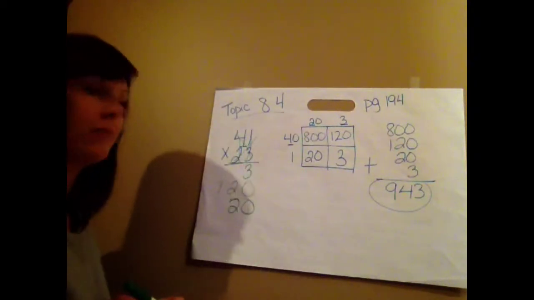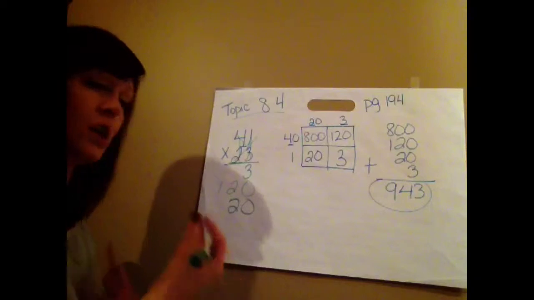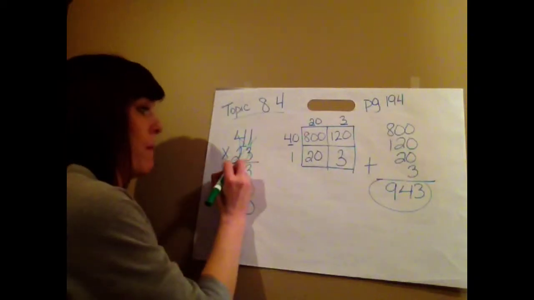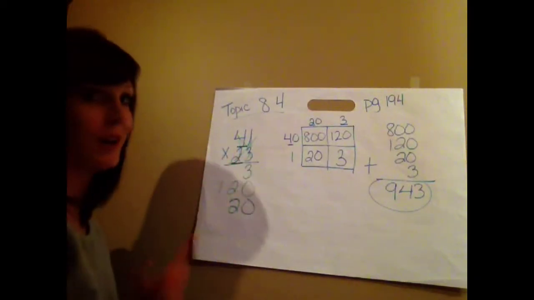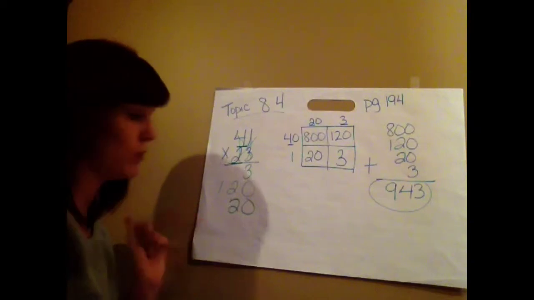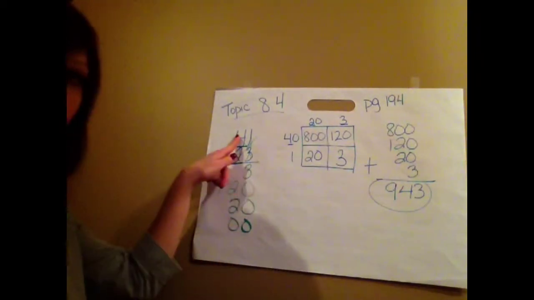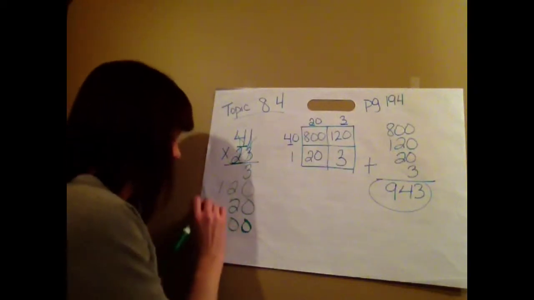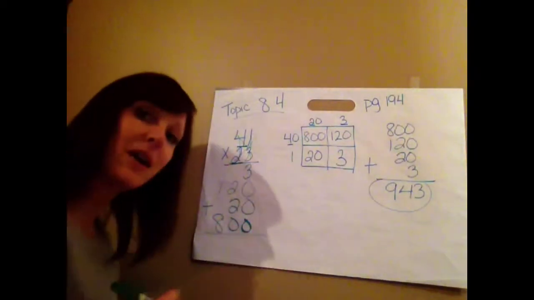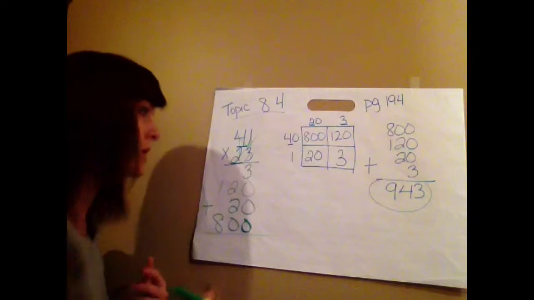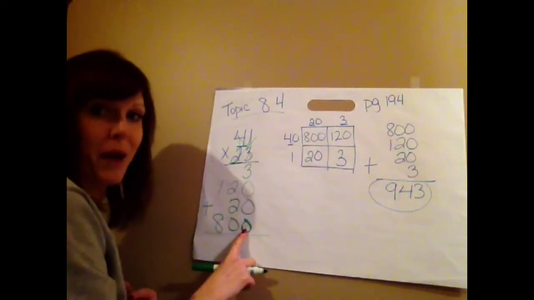Now, going up, 2 times 4 is 8. But they're both in the tens place, so I need not 1 zero, but 2 zeros. So 2 times 4 is 8. Now again, I'm going to add up all of these numbers, but they do match exactly over here.